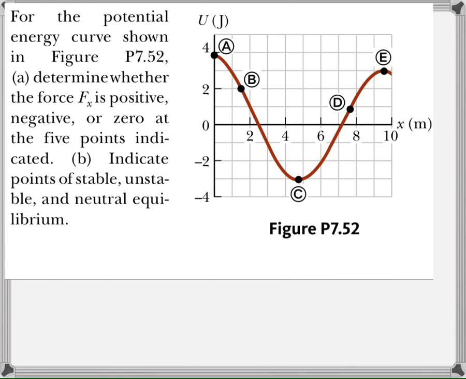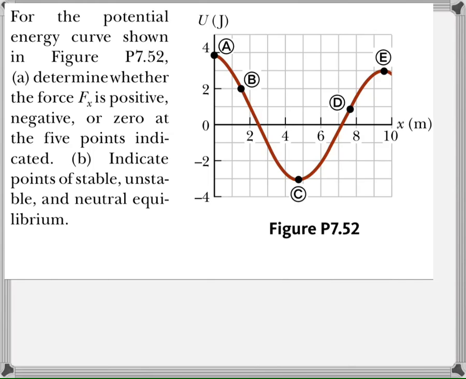And you have some points on the graph: A, B, C, D, and E. The first part of the question: determine whether the force, the x component, of course, since the potential is a function of x, the force is a force which is along the x-axis, determine whether Fx is positive, negative, or zero at these points A, B, C, D, E.